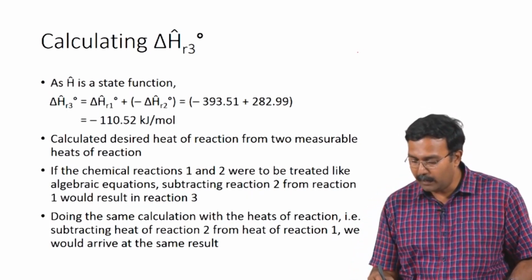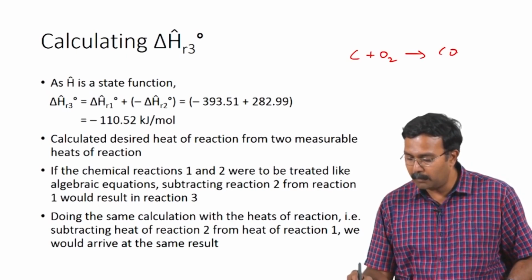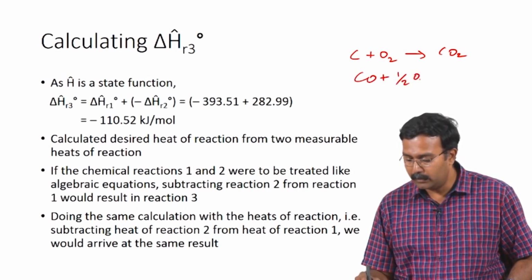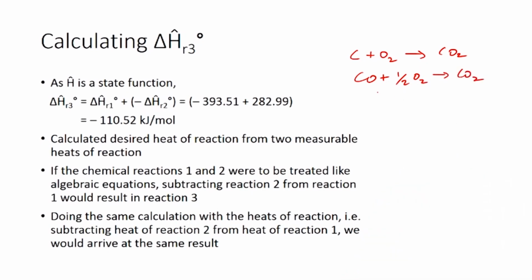The first reaction was carbon plus oxygen forms carbon dioxide, the second reaction was carbon monoxide plus half oxygen forms carbon dioxide, and the desired equation was carbon plus half oxygen gives carbon monoxide. How do we get this?